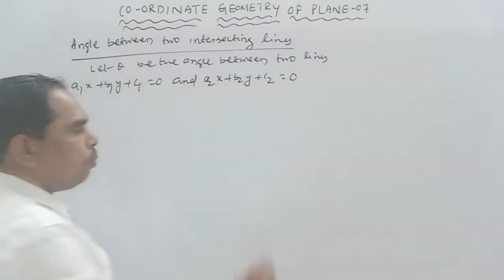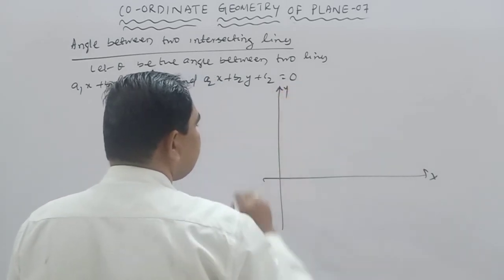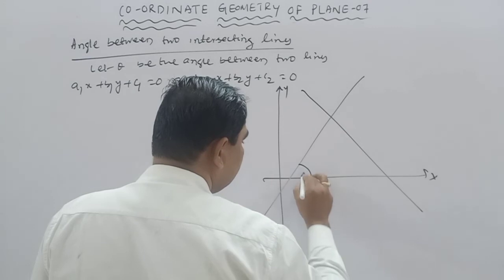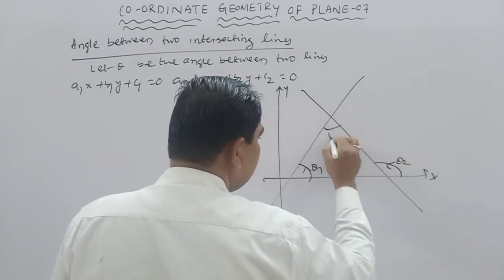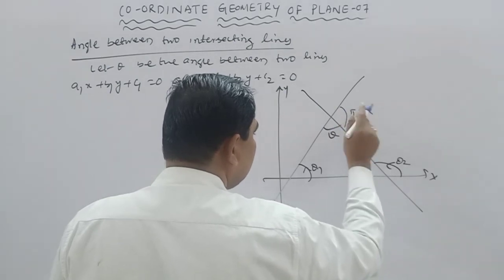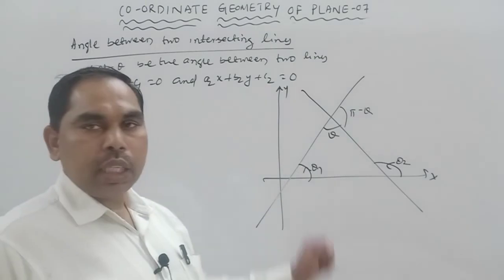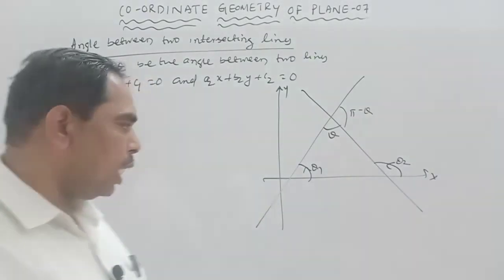This one is the x axis, this one the y axis, this is another line, this is another line. So this is theta 1 and this is theta 2. So this is the angle theta or this is pi minus theta. Both are supplements of each other. So one is an acute angle, another one is an obtuse angle.